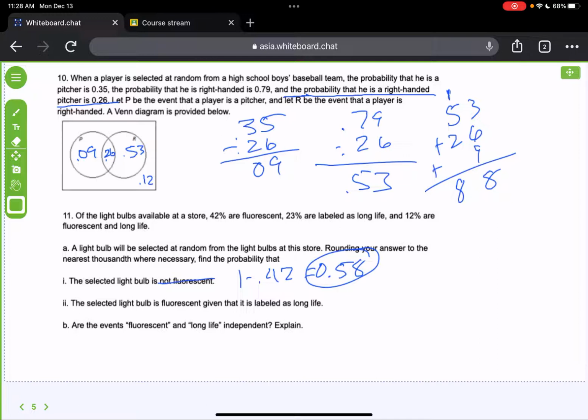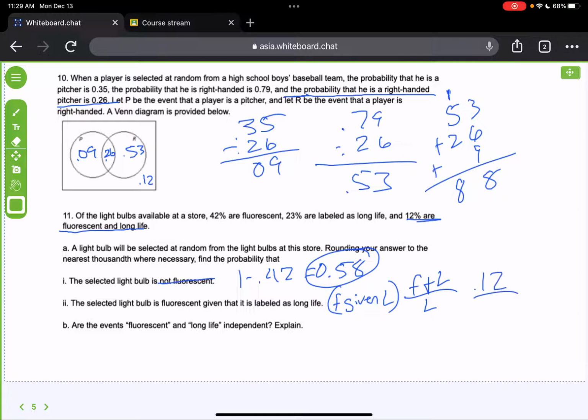Okay. The selected light bulb is fluorescent given that it's lifelong. So that's going to be F given L. Now, how do we find F given L? Well, that is just F and L divided by L. It gives us that they're fluorescent and lifelong is 0.12.